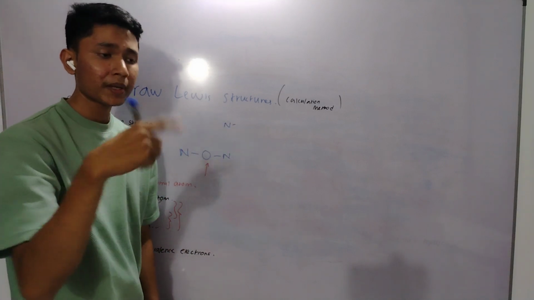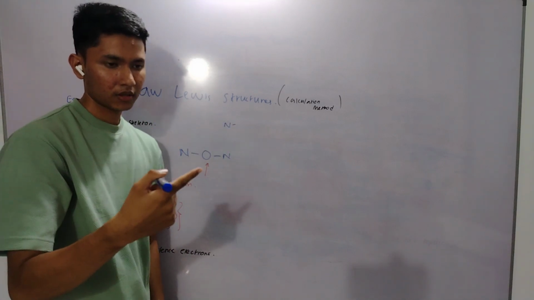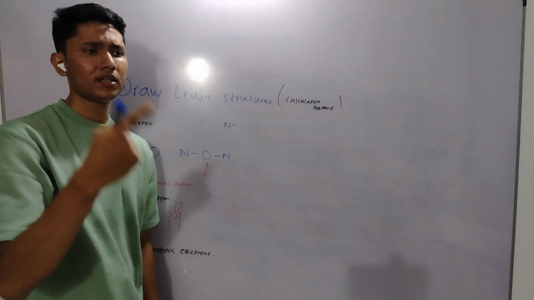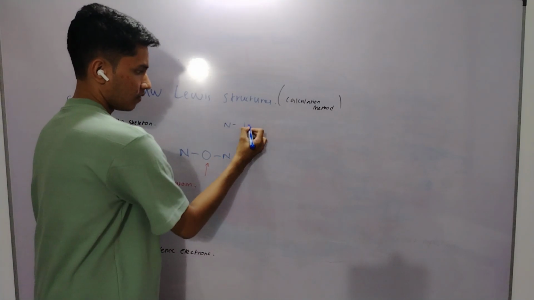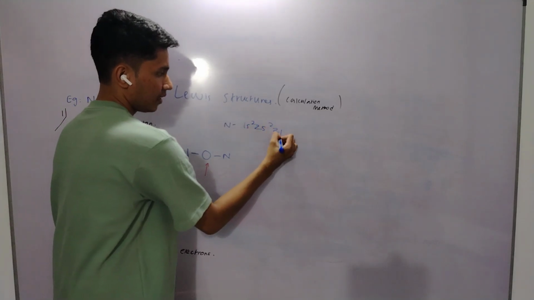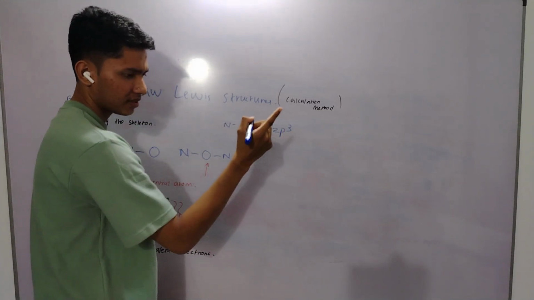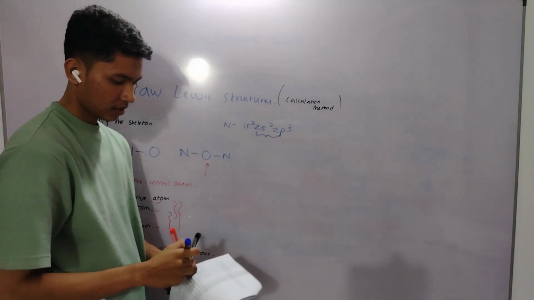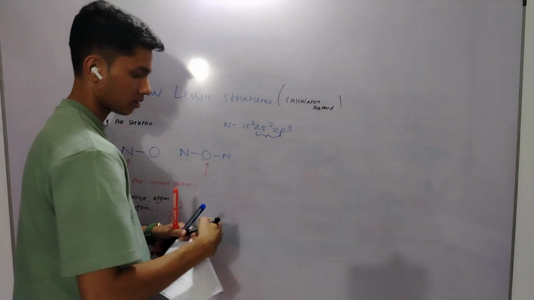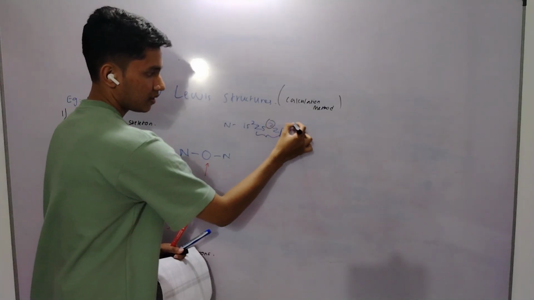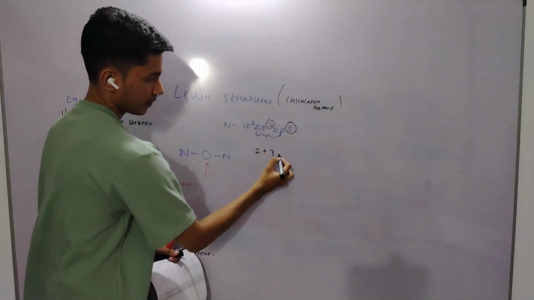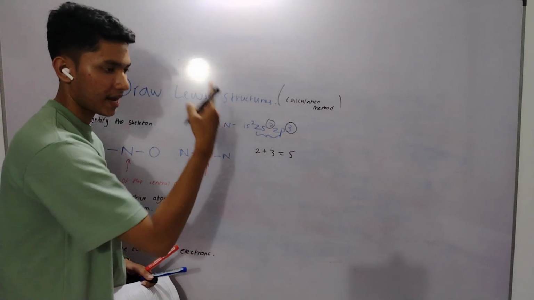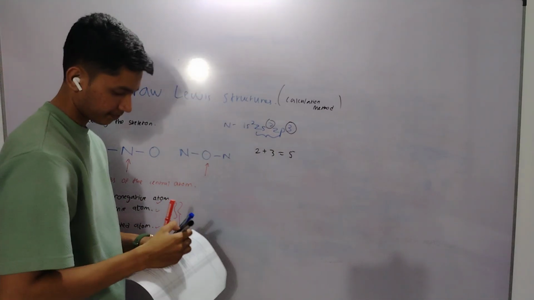What is meant by valence electrons? The total number of electrons in the valence shell of the atom: 1s2, 2s2, 2p3. What is meant by the valence shell? The outermost shell. So the number of valence electrons is 2 plus 3 equals 5 for the element.